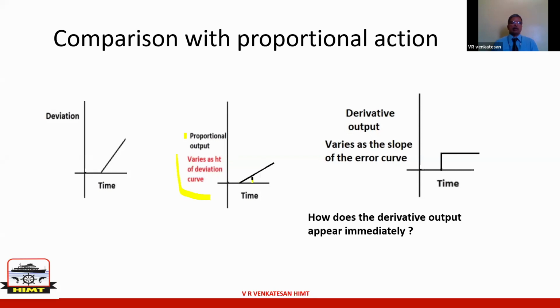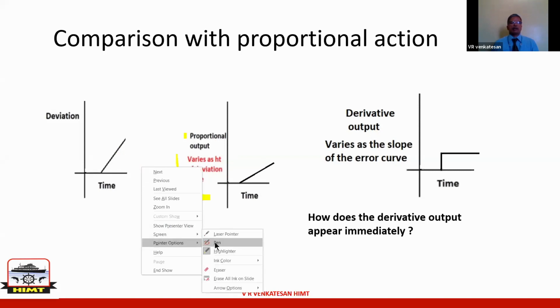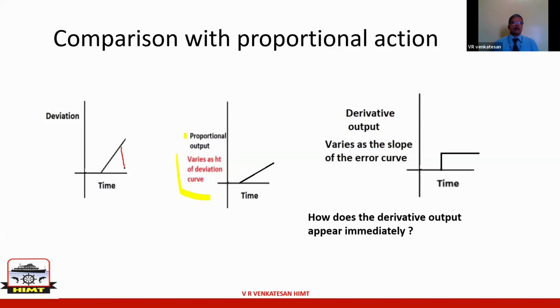You multiply by gain, and as the error increases, output will increase. So that is why we say it varies as the height of the deviation curve. Height means this value. As the value of error increases, this is increasing more and more. This output is also increasing more and more.